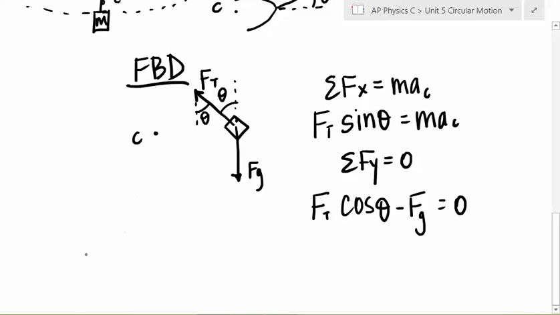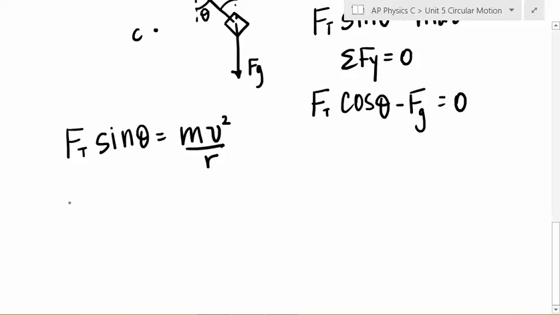Now, if we look at this a little bit closer, the tension force times the sine theta would be equal to m v squared over r, doing a substitution for a_c, and then F_T times the cosine of theta would be equal to mg.